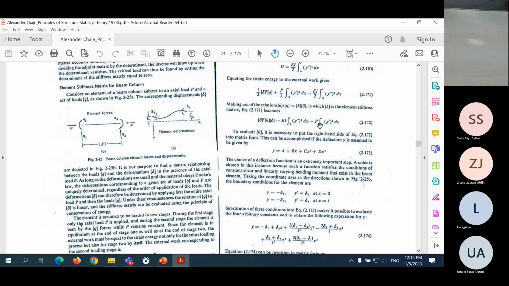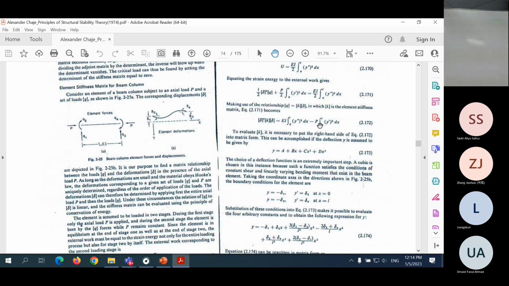Then we make use of the conditions. What happens to y and y prime when x is equal to 0? And what happens to y and y prime when x is equal to L? So we have these four conditions. We can determine what A, B, C, and D are.